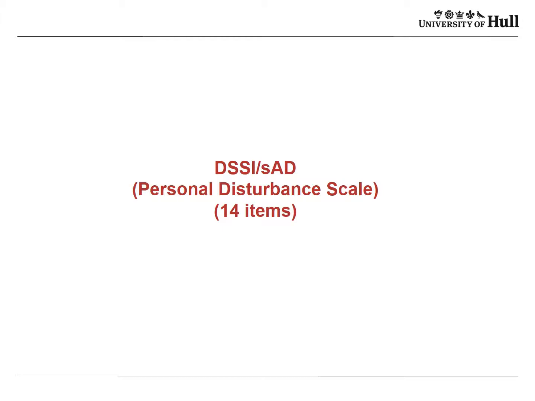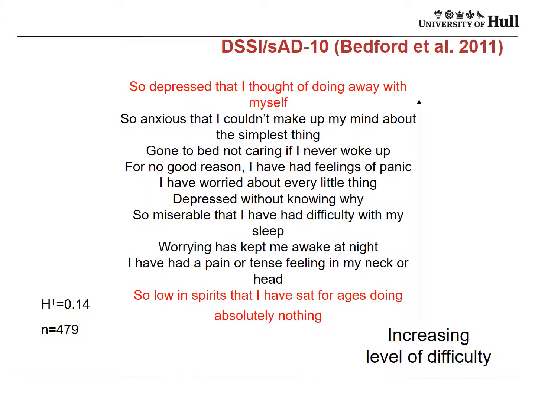The Personal Disturbance Scale, again measuring psychological morbidity, shows a similar pattern here, with increasing level of difficulty from being so low on spirits that they've sat for ages doing absolutely nothing, through to being so depressed that they thought of doing away with themselves, with again a sensible hierarchy of items in between.